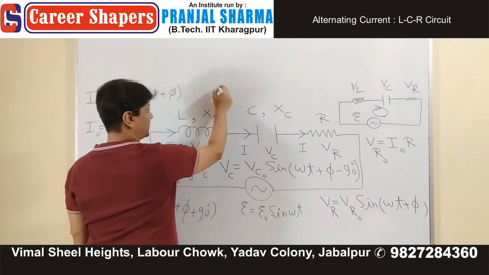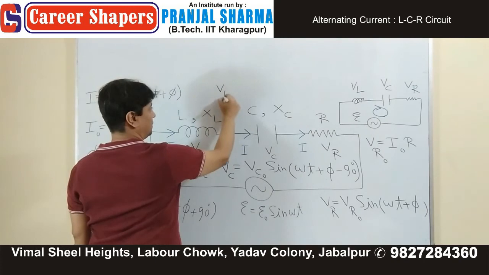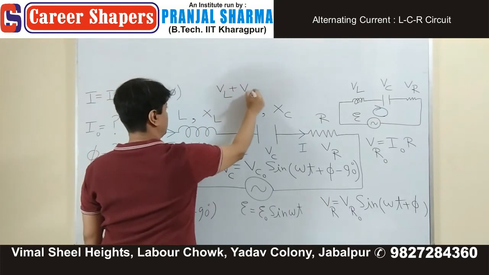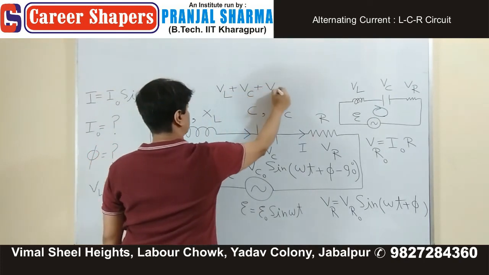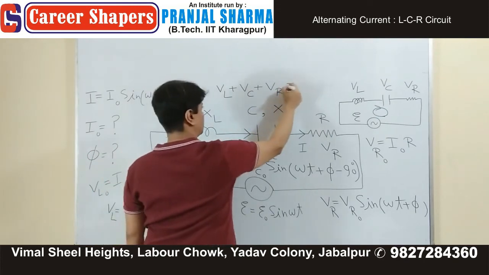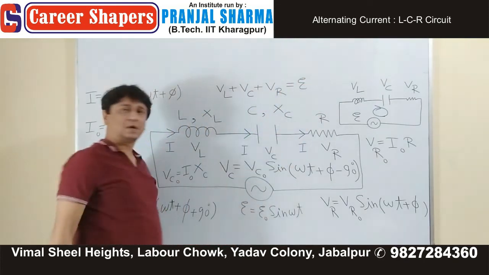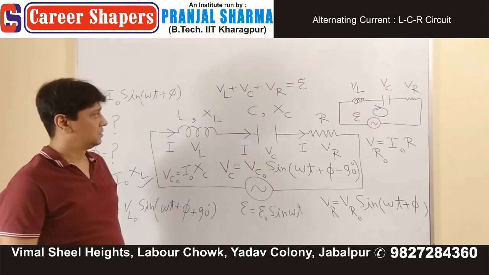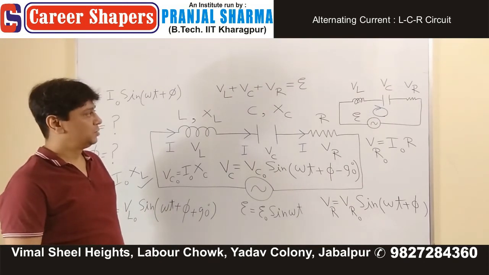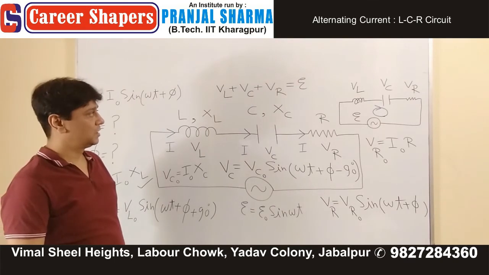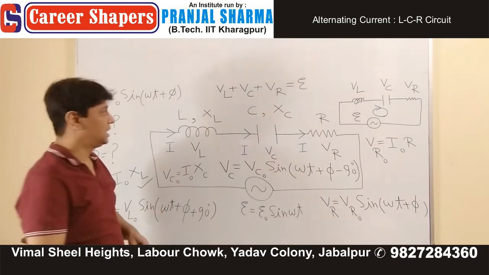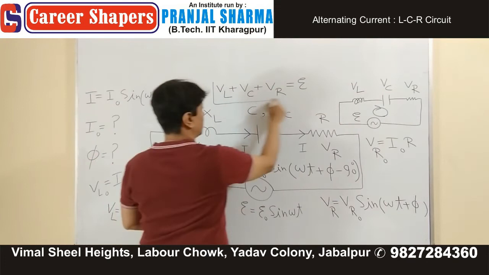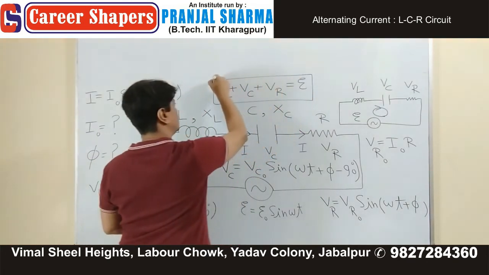From Kirchhoff's second law, VL plus VC plus VR is equal to what? E. VL plus VC plus VR is equal to what? E. An important result.